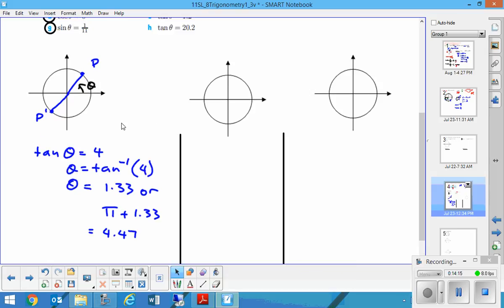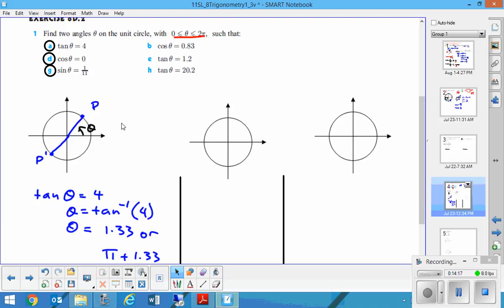So that was A. In D, cos theta is 0. So cos theta is, remember, your x coordinate, so it's like having x equal to 0. So what angle do we have at x coordinate equal to 0?